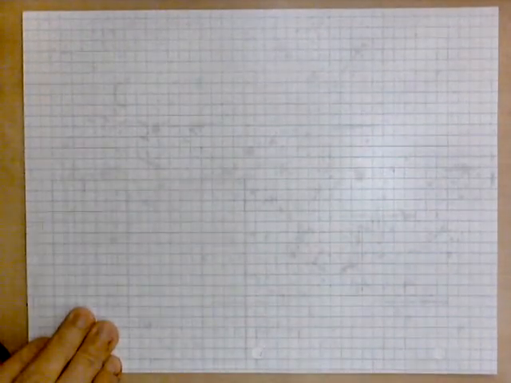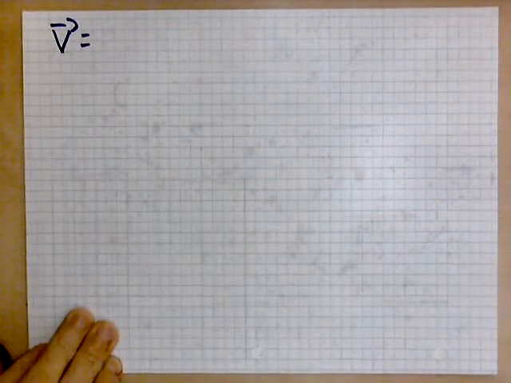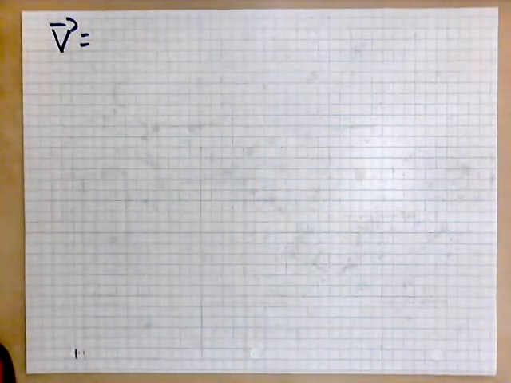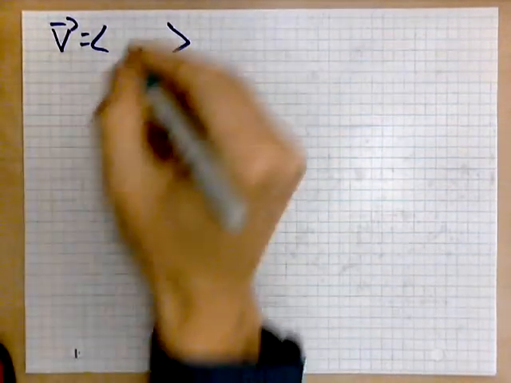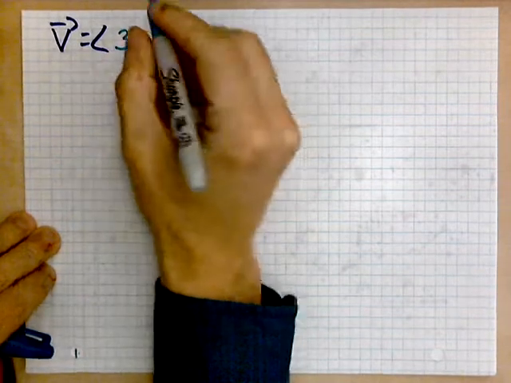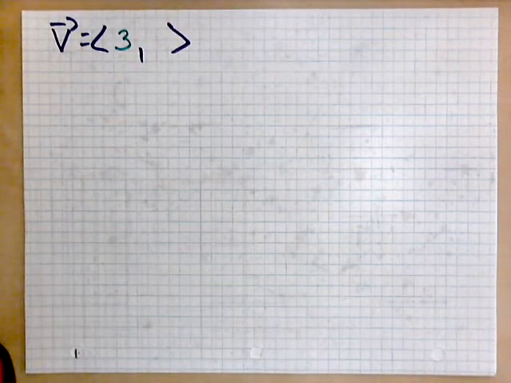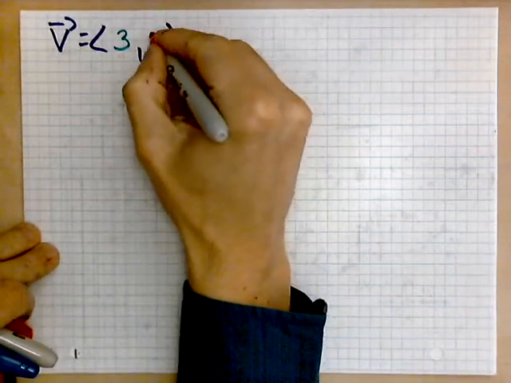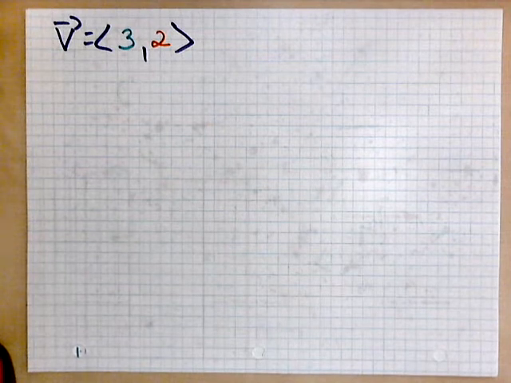All right, so say you're given the vector now that looks like this. This is your v, and it's got some components. Say the x component is, for the sake of simplicity, 3, and the y component, let's make that fairly tame, we'll make that a 2. So those are the components of our vector.